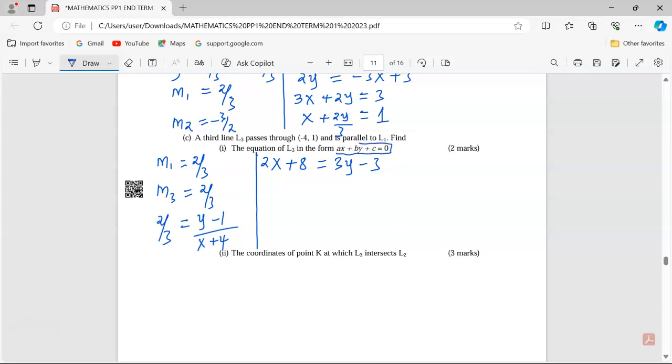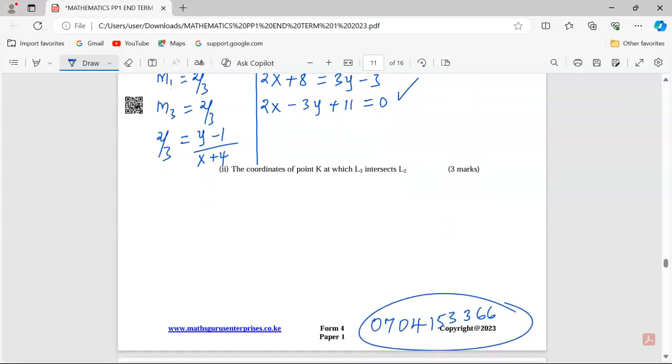So we bring all the terms to the left hand side, such that we start with 2x, then -3y. Now we have 8 minus 8 and -3, so -3 becomes positive, and this will be 11 equals 0. So this is the equation in the above format.